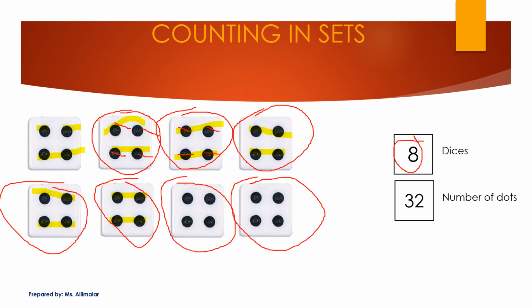So 24 in your heart, 25 on your finger, 26, 27, 28. 28 done. 28 plus another 4. 28 in your heart, 29 on your finger, 30, 31, 32. So there are 32 dots. Guys, if you're not sure, replay this video again and again until you understand clearly. Now let's move to the next slide.